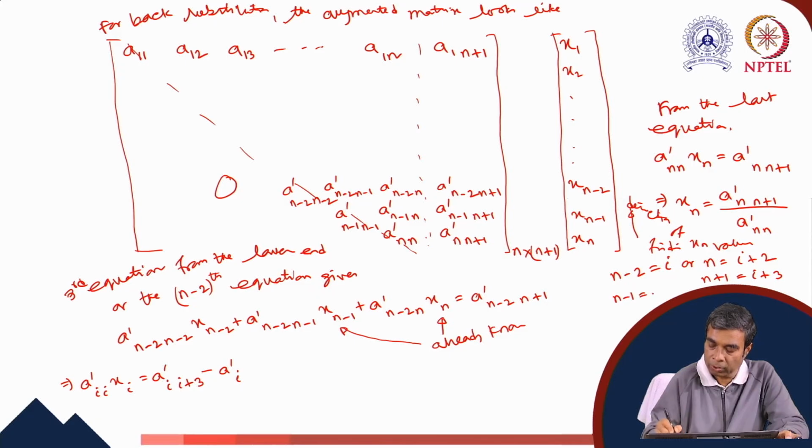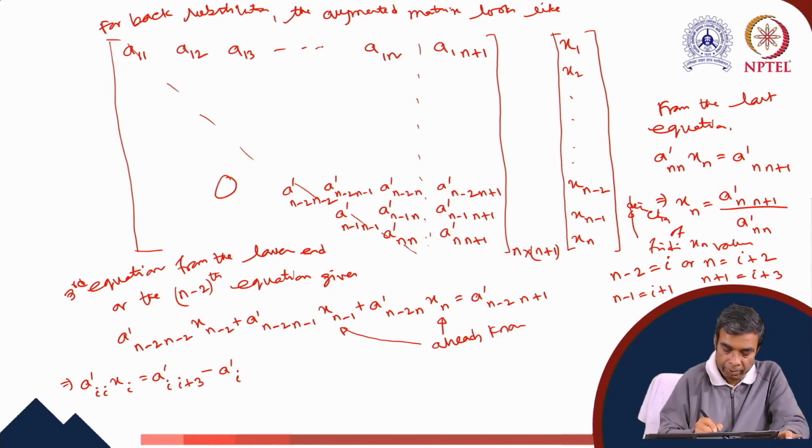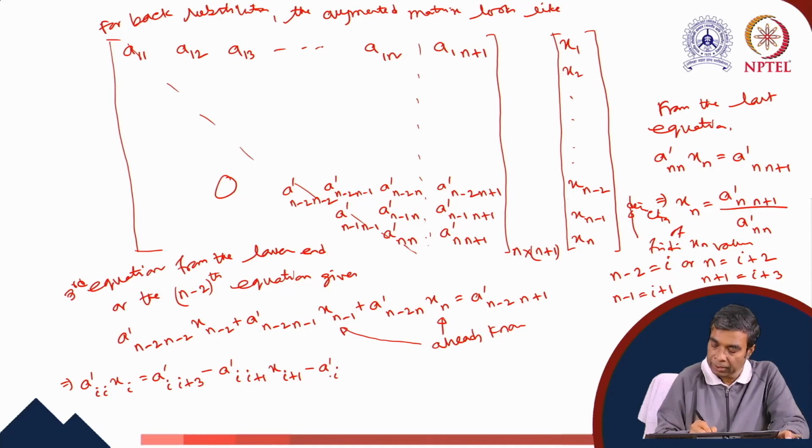So A dash i n minus 1 is i plus 1 times x i plus 1, minus A dash n minus 2 is i, so n is i plus 2, x n is x i plus 2.